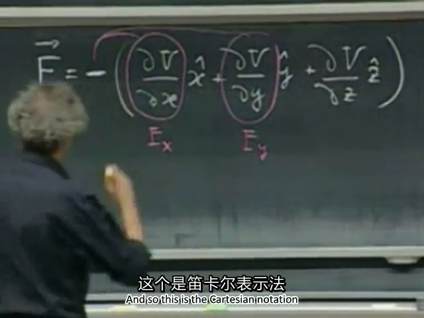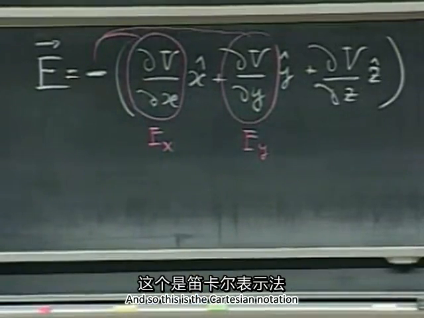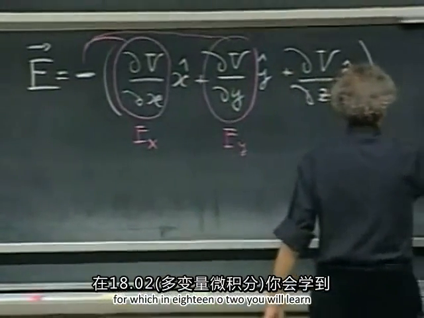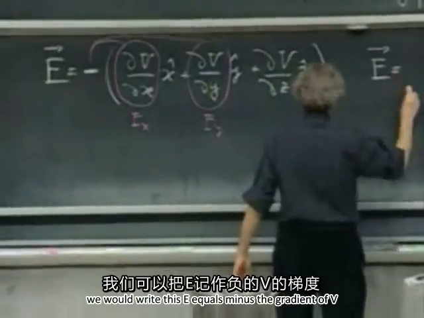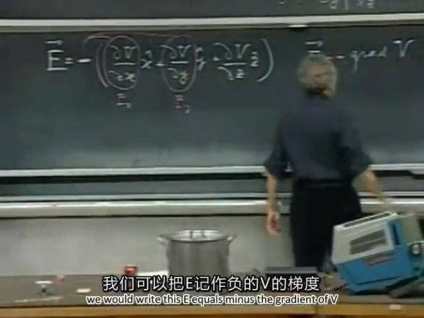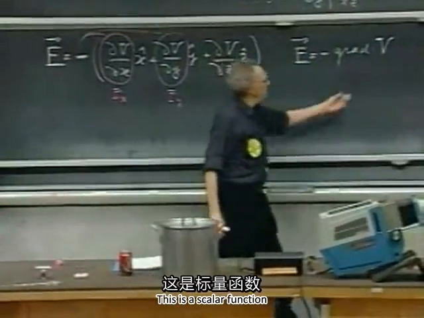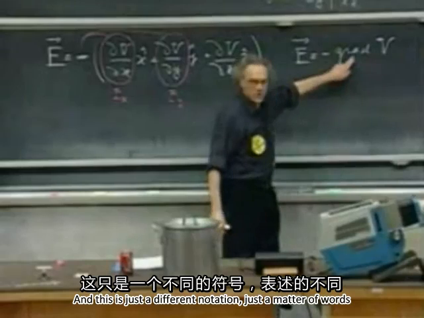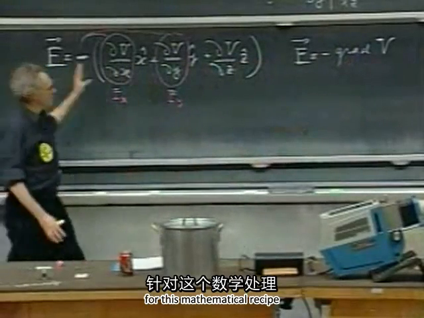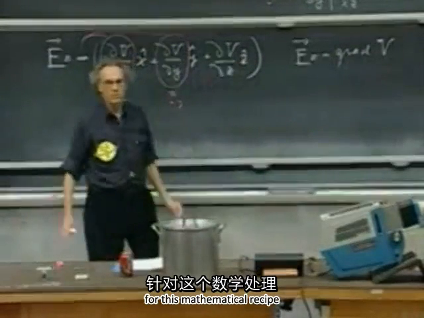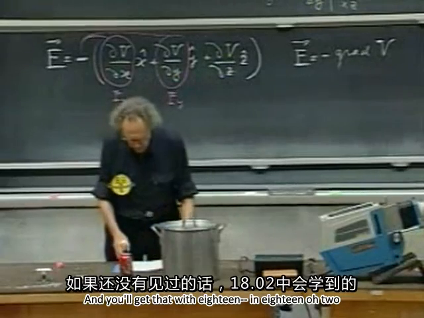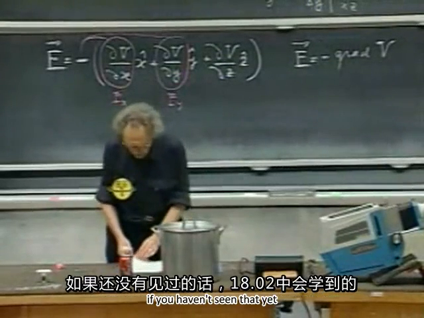And so this is the Cartesian notation for which in 18.02 you will learn, or maybe you already have learned, we would write this E equals minus the gradient of V. This is a vector function, this is a scalar function, and this is just a different notation, just a matter of words, for this mathematical recipe. And you'll get that in 18.02 if you haven't seen that yet.